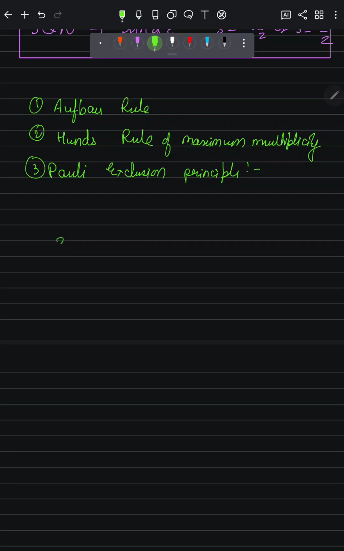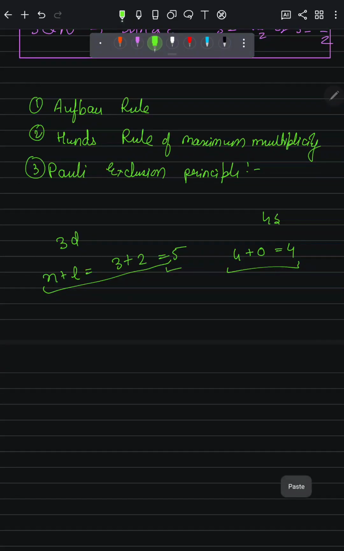For example, for 3d, n plus l is equal to 3 plus 2, which is equal to 5, and for 4s, 4 plus 0 is equal to 4. So according to the Aufbau rule, the lower n plus l value has lower energy and fills first.